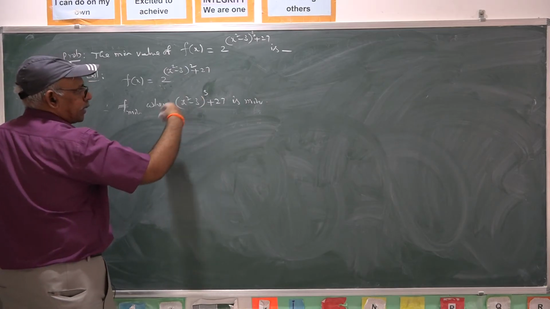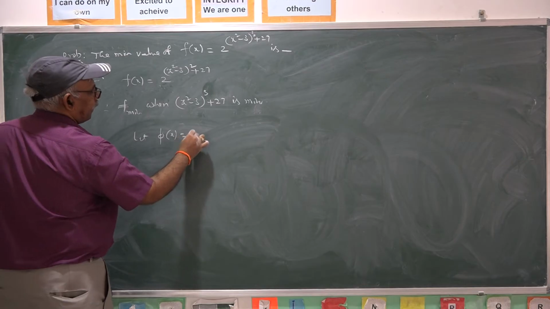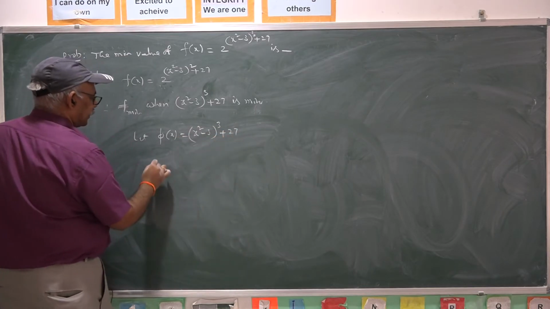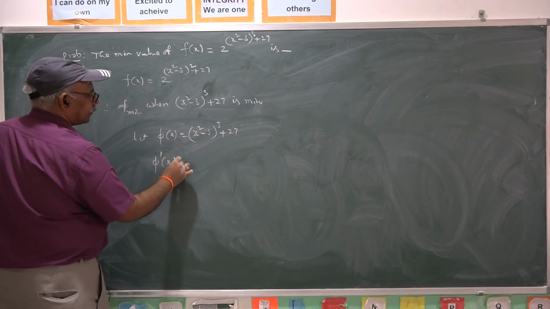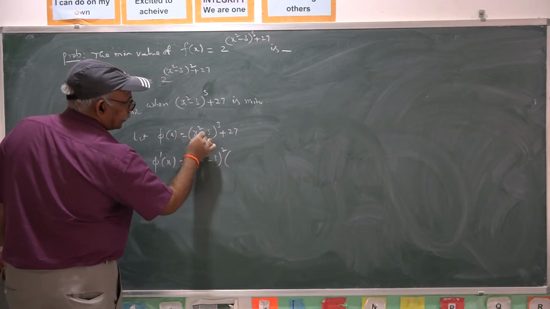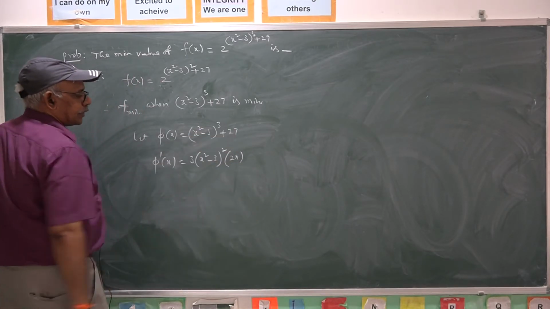So, to minimize this function, let phi of x be (x square minus 3) whole cube plus 27. Phi dash x, the derivative, is 3 into (x square minus 3) whole square into the derivative of x square minus 3, which is 2x. The derivative of constant is 0.